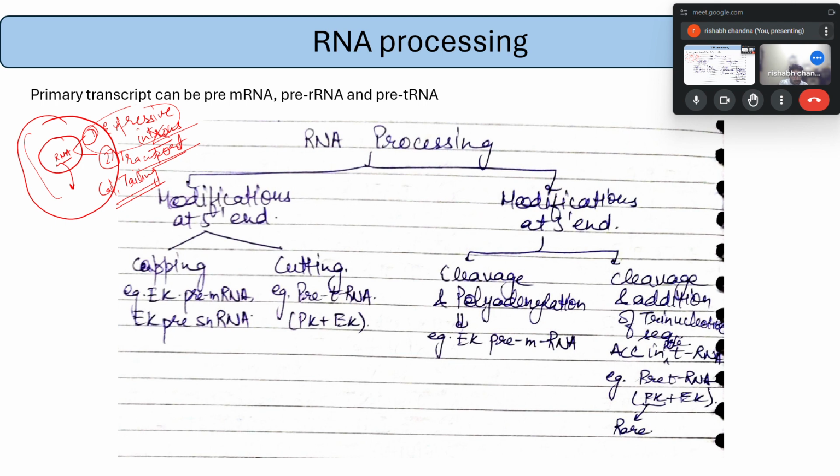In RNA processing, we have two types: modifications at the 5' end and modifications at the 3' end. First we have capping and cutting at the 5' end. Capping occurs in eukaryotic pre-mRNAs and pre-snRNAs. Capping is linked only to RNA polymerase 2 transcripts.